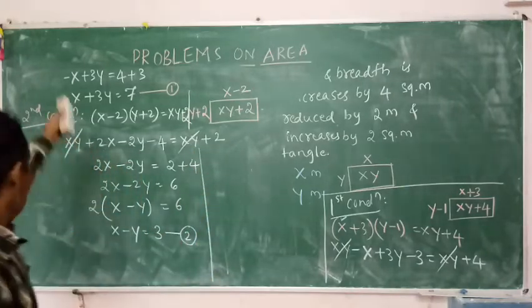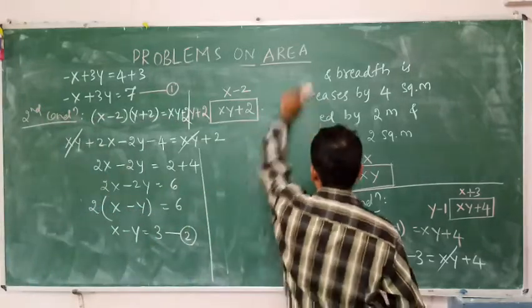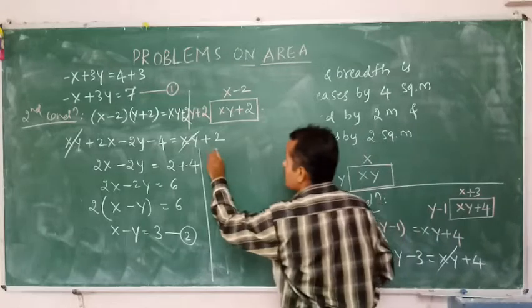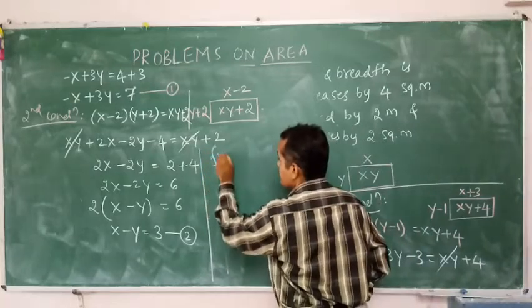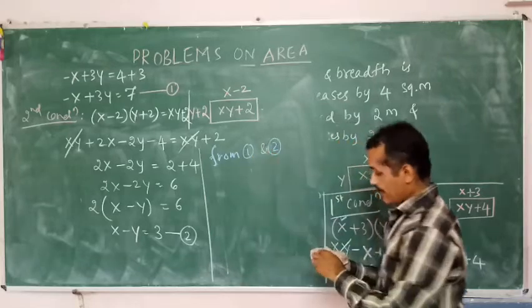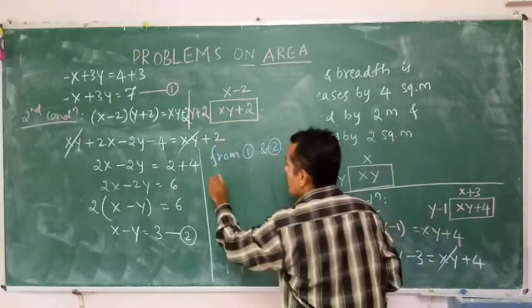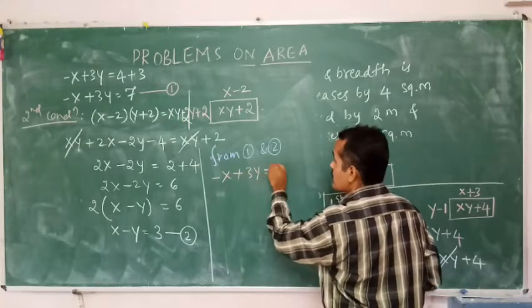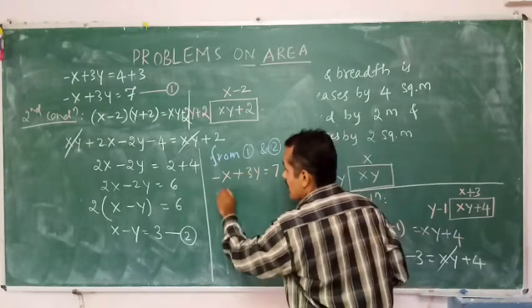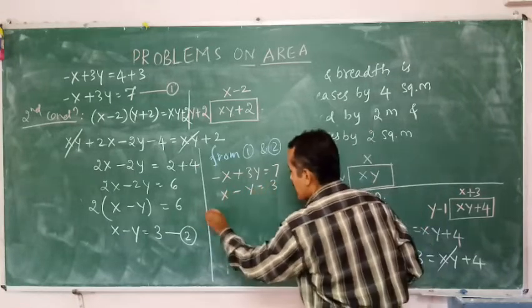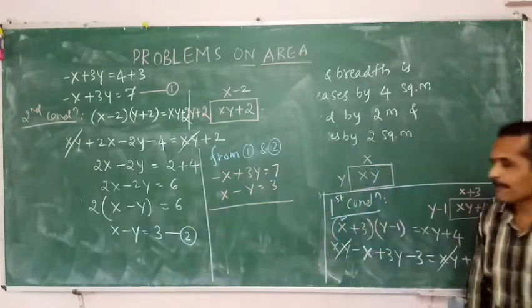That's all, students. Now I can solve equation 1 and equation 2. Equation 1 is minus x plus 3y is equal to 7. Equation 2 is x minus y is equal to 3. Look at this question.